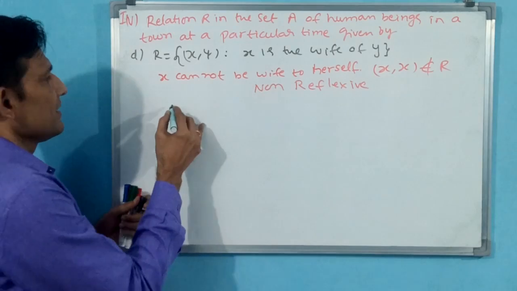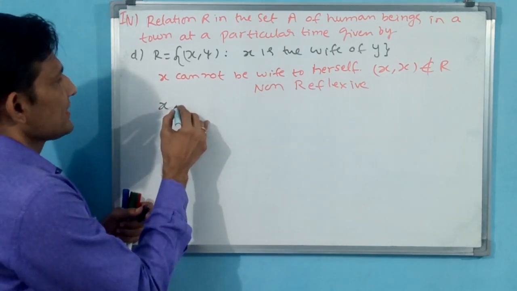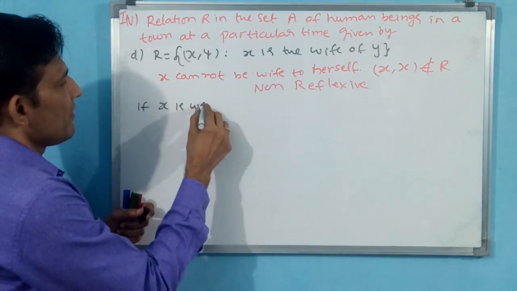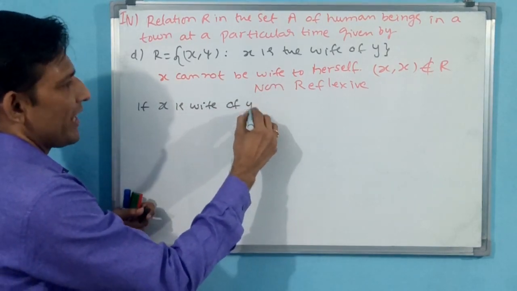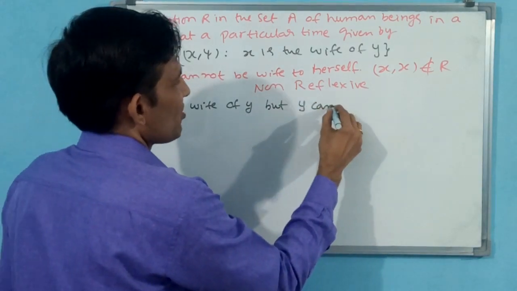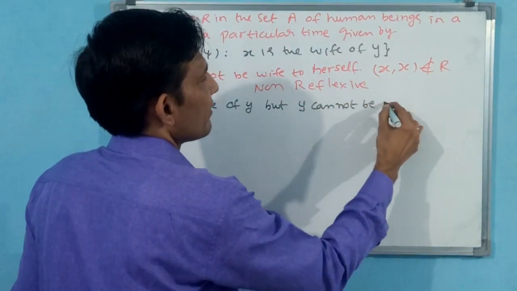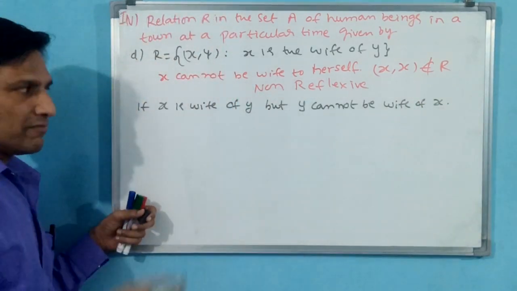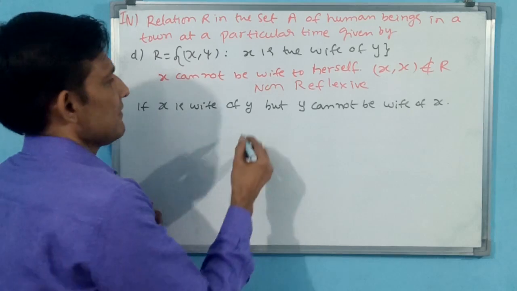Now you take symmetric. You see, if x is wife of y, but y cannot be wife of x. Why? Because y is husband, y cannot be wife.